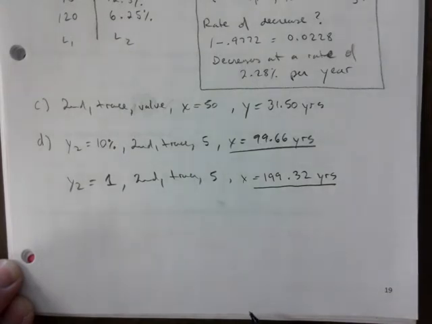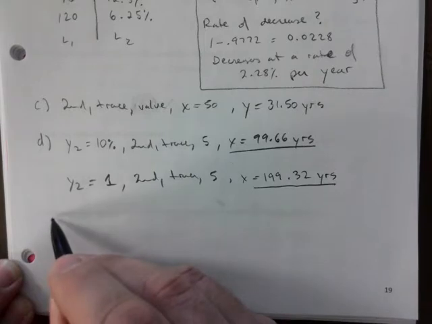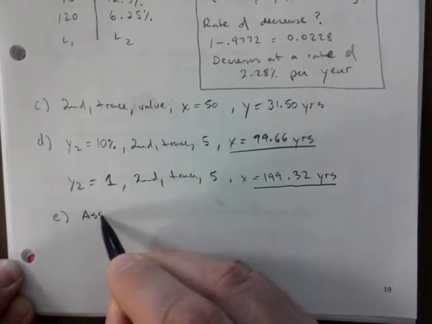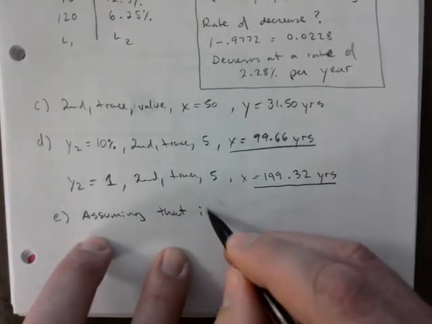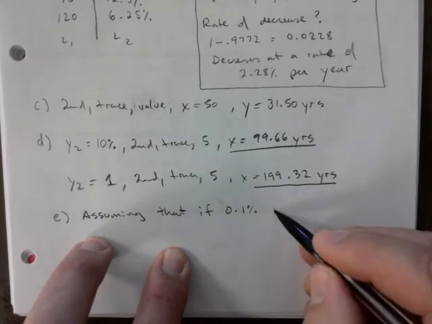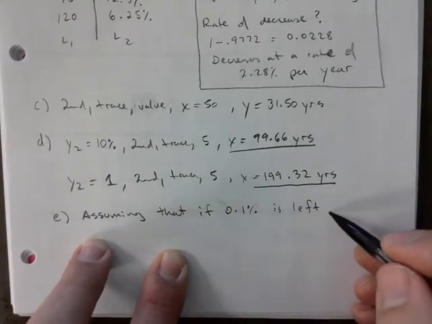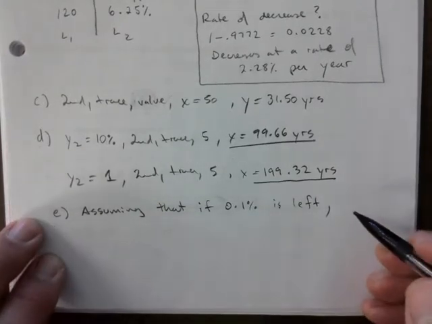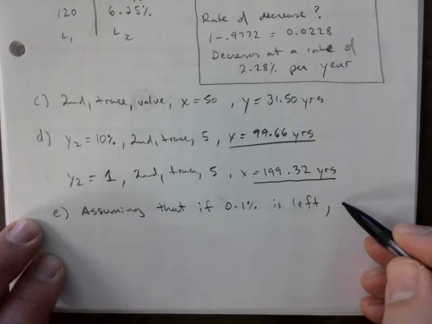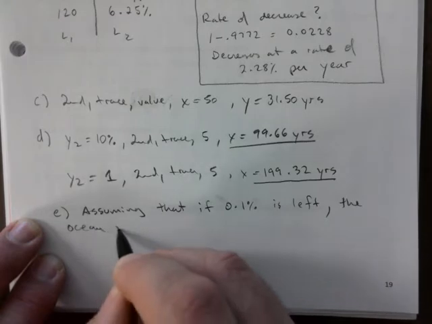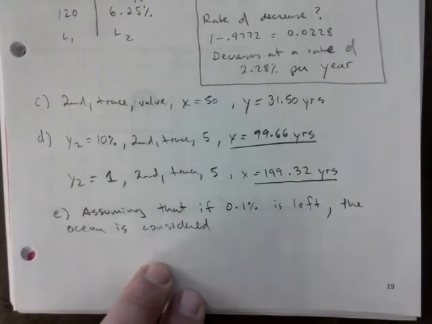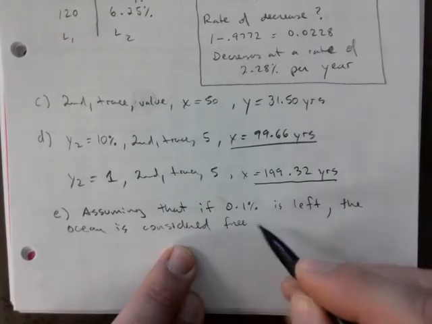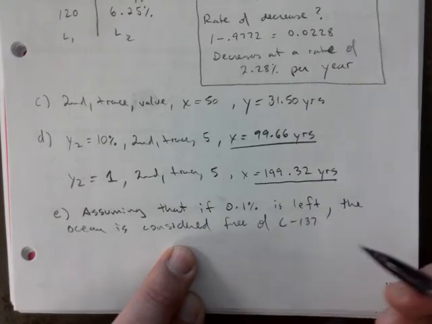To figure out the domain and range here, guys, I'm going to go at E here, assuming that if 0.1% is left, the ocean is considered free of cesium-137.